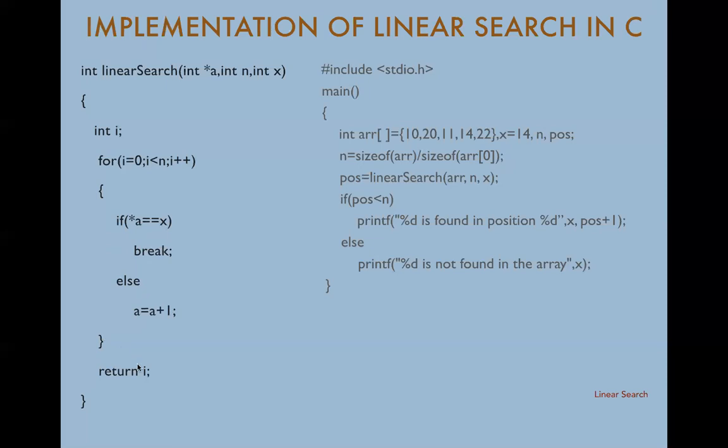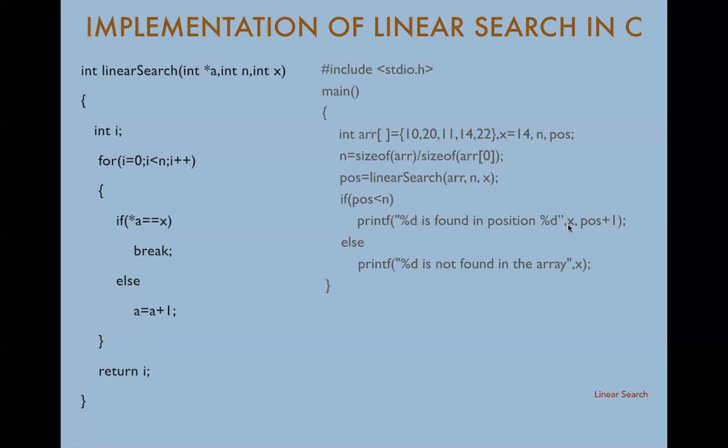So what do we understand? If i is less than n, x is found in the array. Correct? If i is equal to n, x is not found in the array. So I'm returning i. Now that i goes to the function call and gets assigned to pos. Now I'm comparing if pos is less than n.